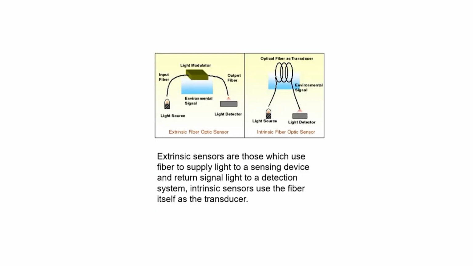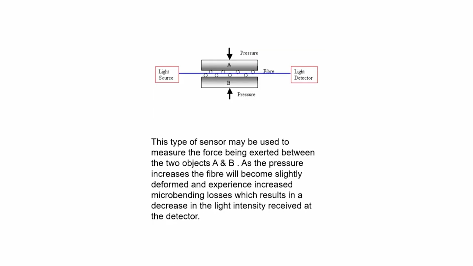Like you can see here, there is a light source, there is a light detector, there is the environment here. If the environment gets changed, then the detector will detect the change in terms of the modulation or the intensity of the light. So, that is the technology by which you can do it. In fact, in some cases we use something more also.